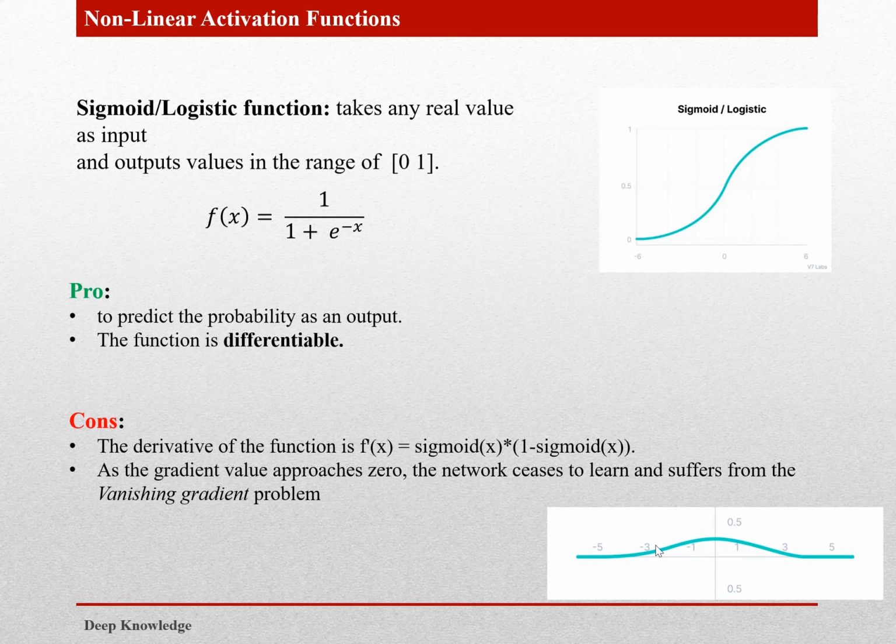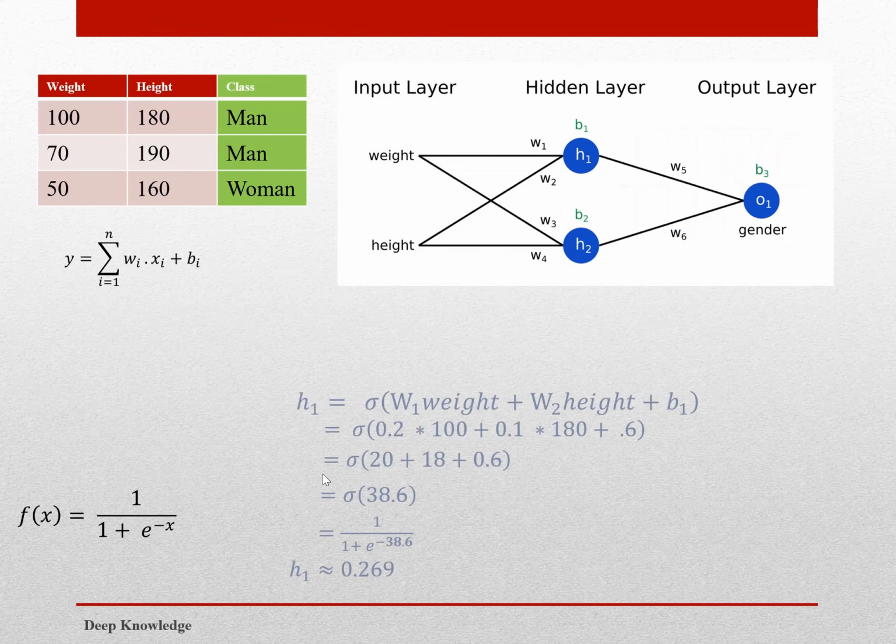But as you can see in this figure, the values might be close to 0, so the network will not be able to train. This problem is called the vanishing gradient problem. So we have to find another activation function.